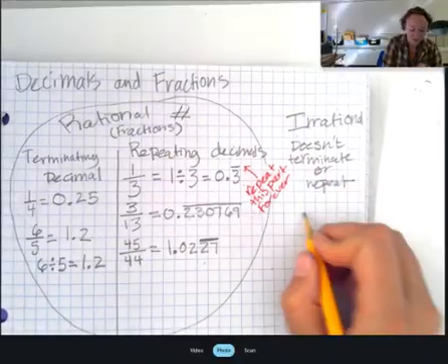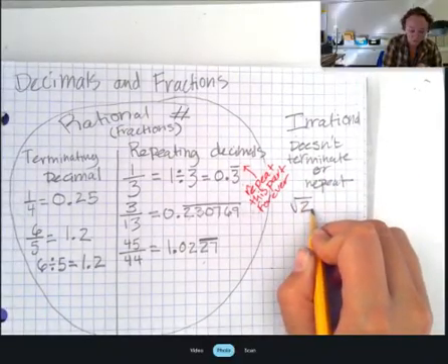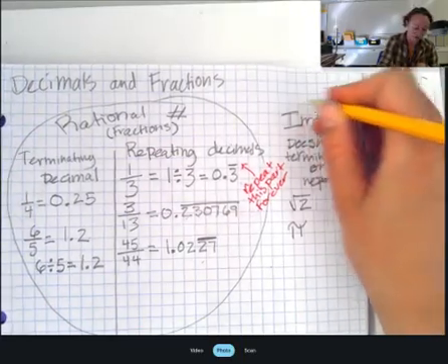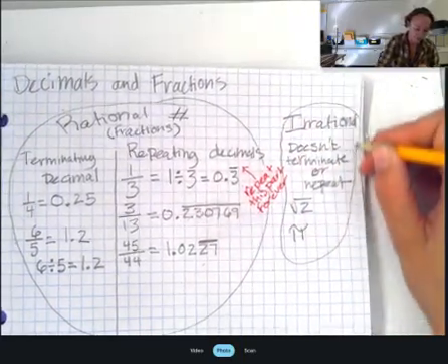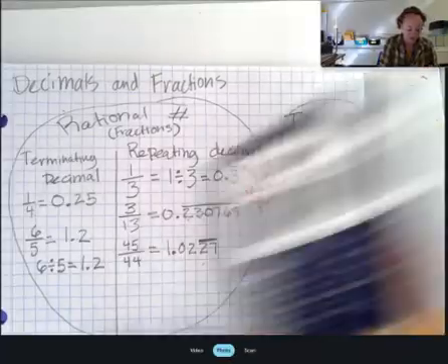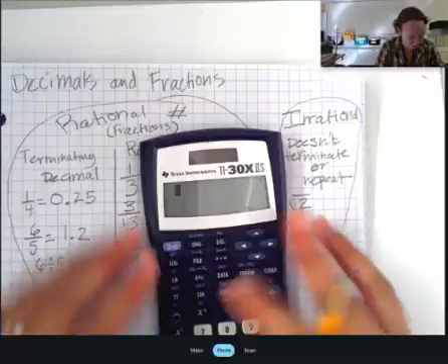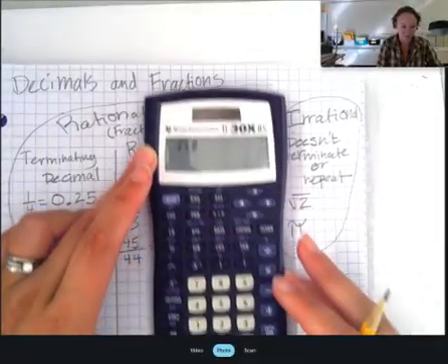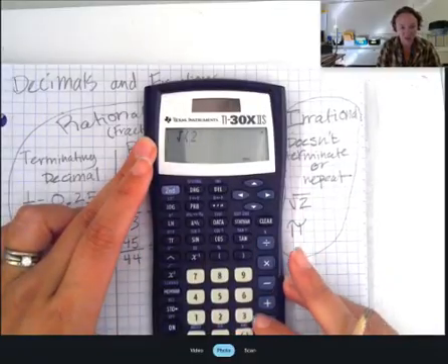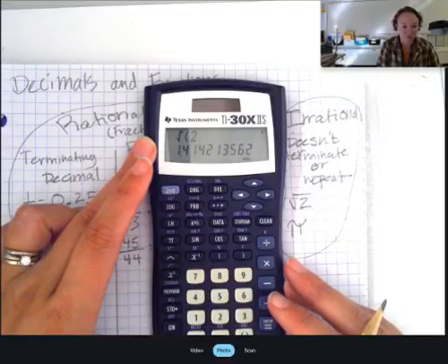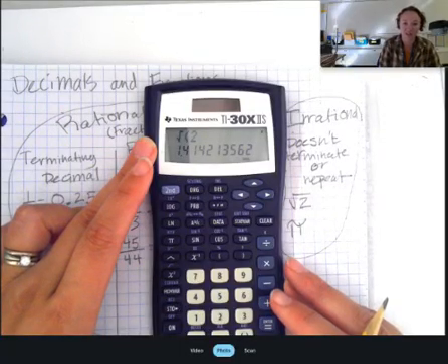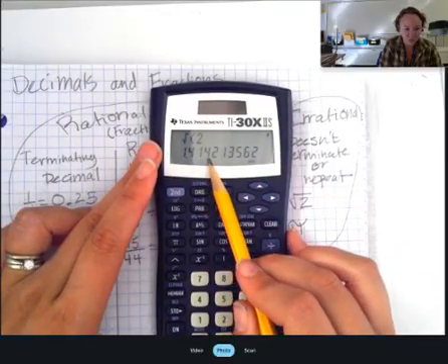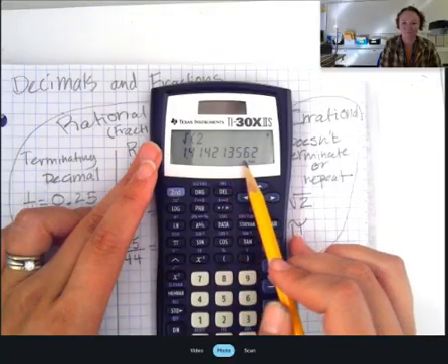We talked about how things like the square root of 2 or pi are examples of irrational numbers. If you did that on a calculator, we remember how to do a square root, right? You do second and then the x squared button, and then you do a 2, and it would give you 1.414213562. So you might feel like it's trying to repeat with all those 4s and 1s, but it doesn't, and it's not going to.